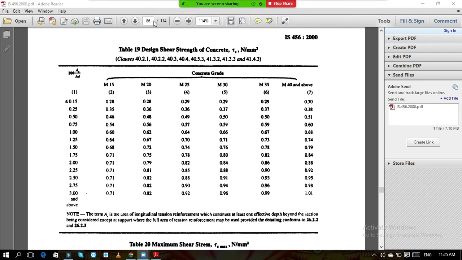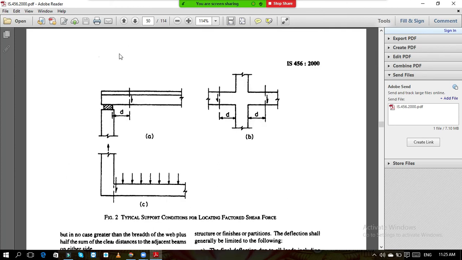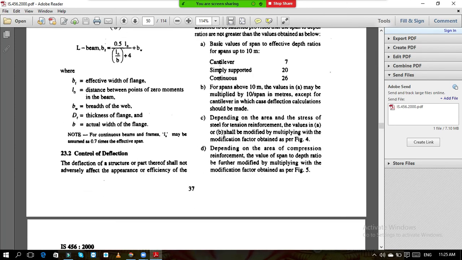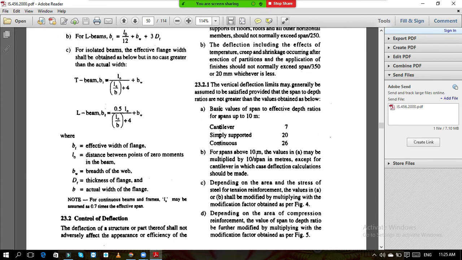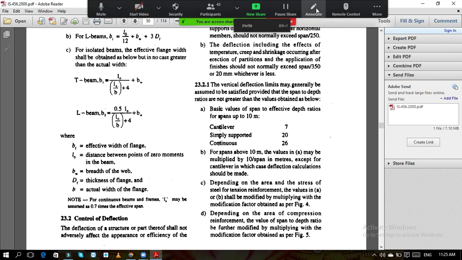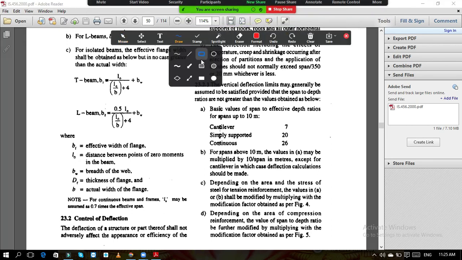So now in the IS code we will move to page number 37. Open page number 37 and read this.